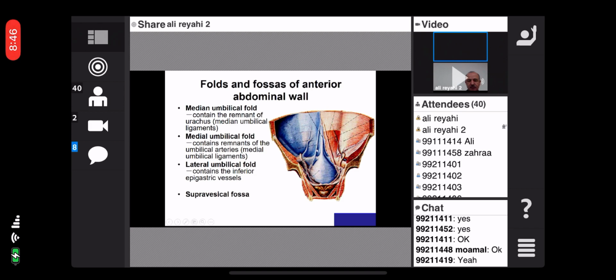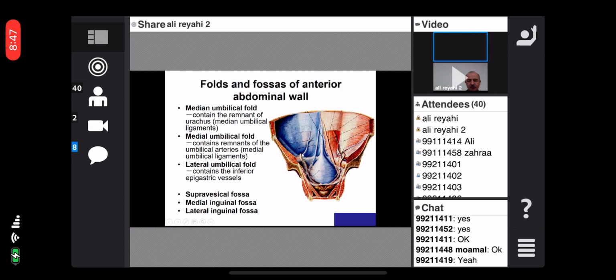This fossa between the medial and lateral umbilical folds is called the medial inguinal fossa, and this fossa that lies lateral to the lateral umbilical fold is called the lateral inguinal fossa.